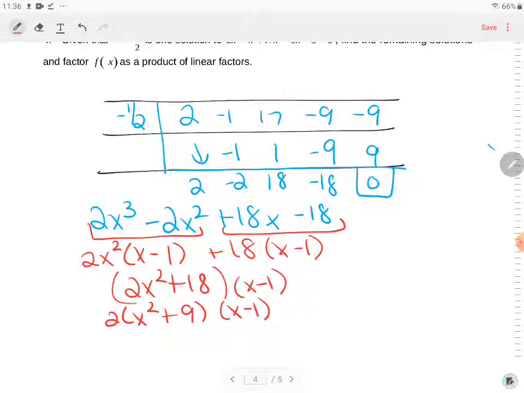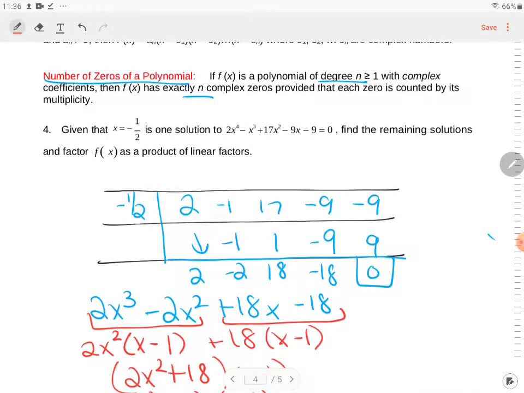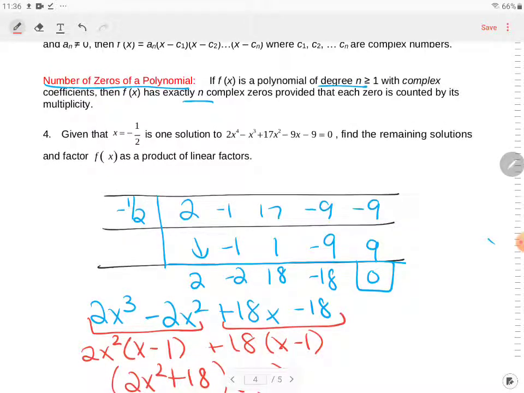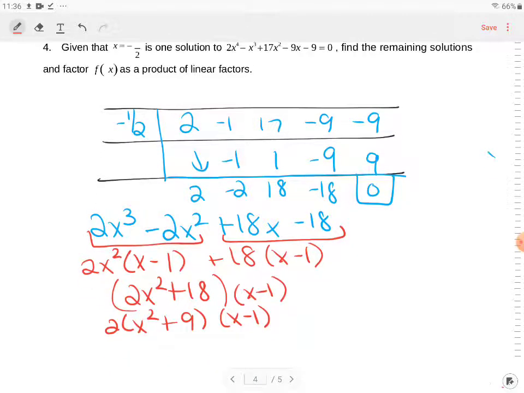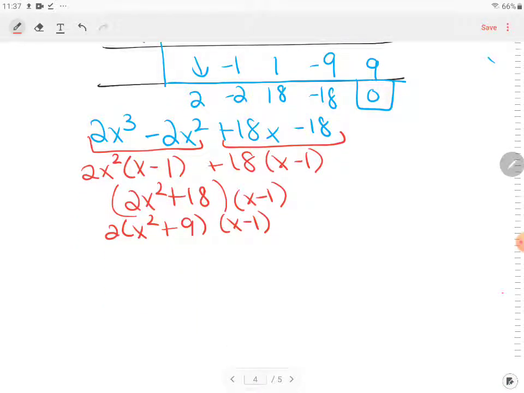And let's see. It asks us to write our answer as a product of linear factors. It also asks us to find the remaining solutions. So, to get our answers, we have to set these terms equal to 0. So x squared plus 9 equals 0. Let's review what's called the square root method. Subtract 9.